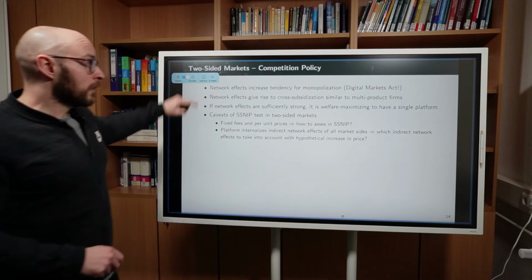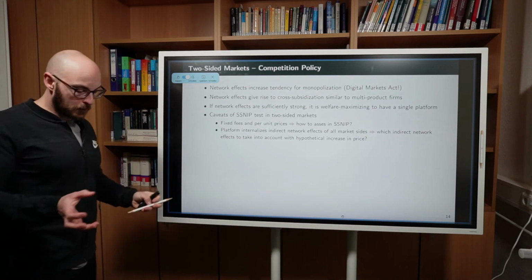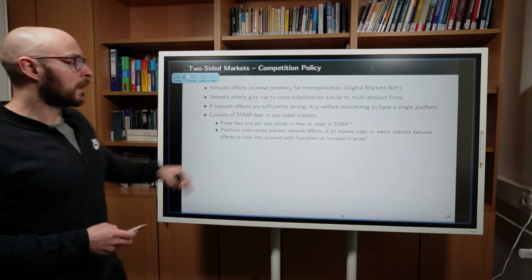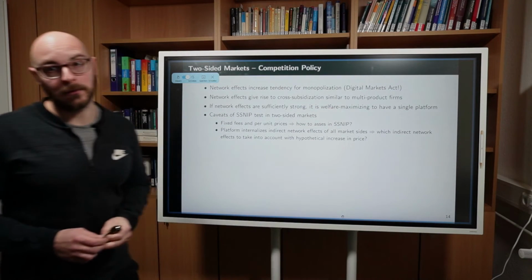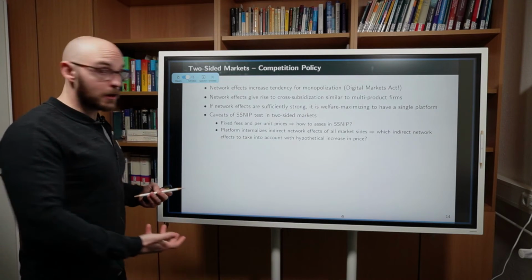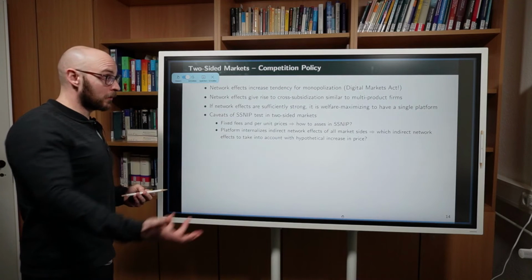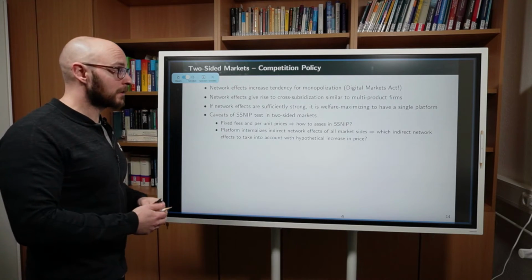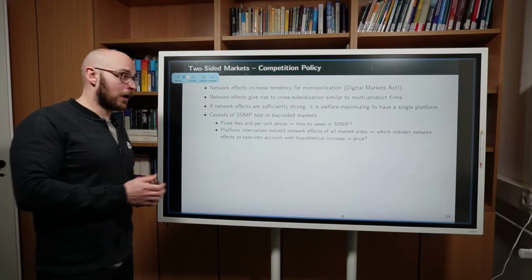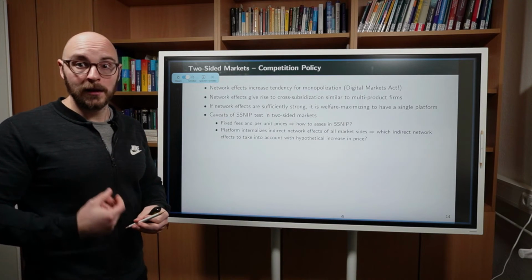And the point is that if we analyze this cross-subsidization aspect, then we are reminded of multi-product firms, right? For some products you price below marginal cost, for some products you price probably above marginal cost. So we have some things that are quite attractive for the consumers, and that is what you want to sell fiercely.